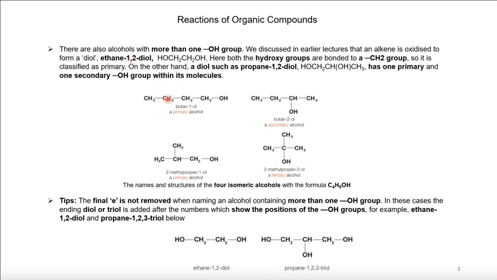So we know ethane can form ethane-1,2-diol. This is ethane, so we have 1 OH group. This is butan-1-ol, a primary alcohol.